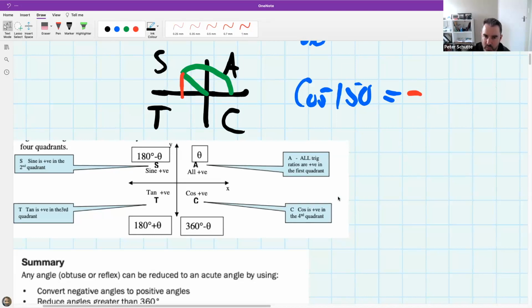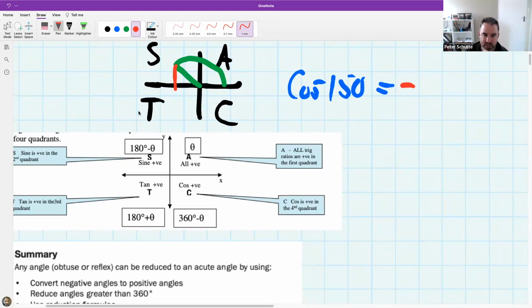Now, something else that we like to do is we use these things called reduction formulas. So if you look at something in quadrant 2, you can always write it in the form 180 minus theta. If something is in quadrant 3, you can always write it as 180 plus theta. If it's in quadrant 1, you can write it as this.